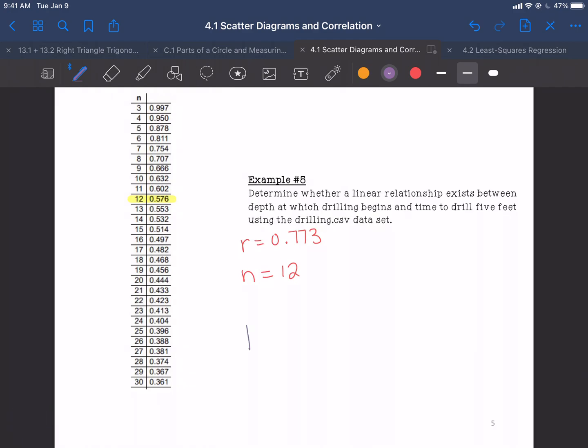So first, the absolute value of 0.773 is just 0.773. That's greater than 0.576, which is the critical value.